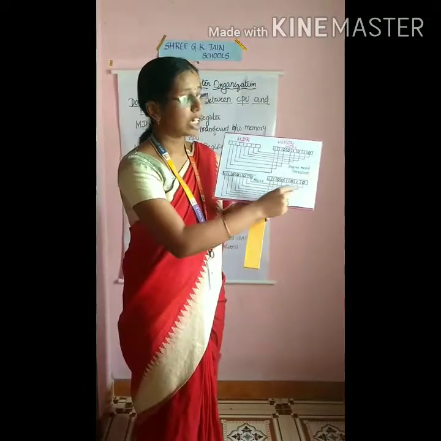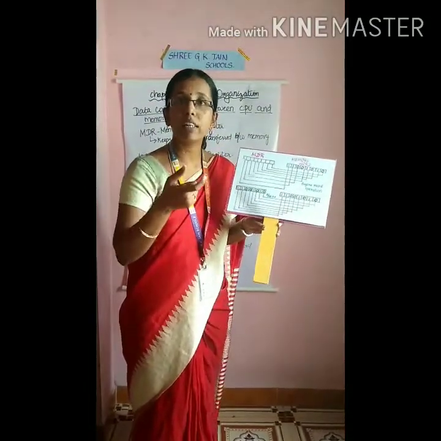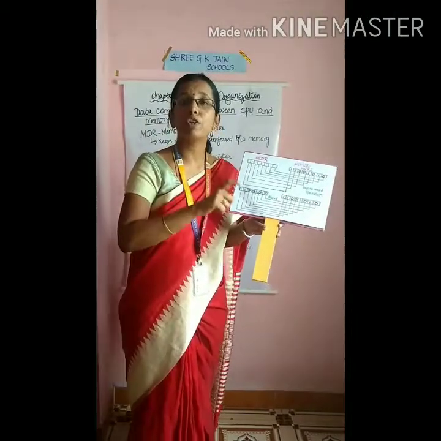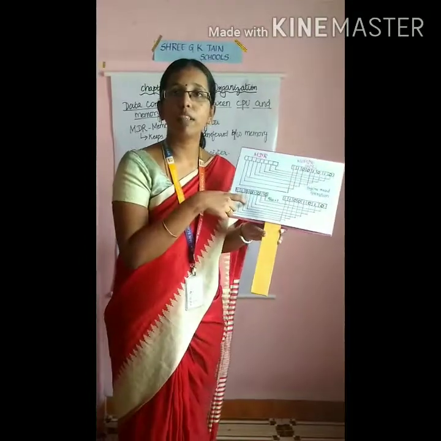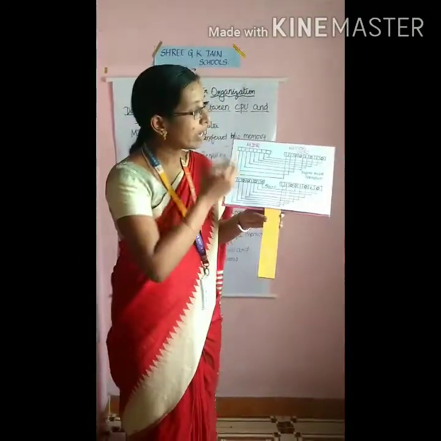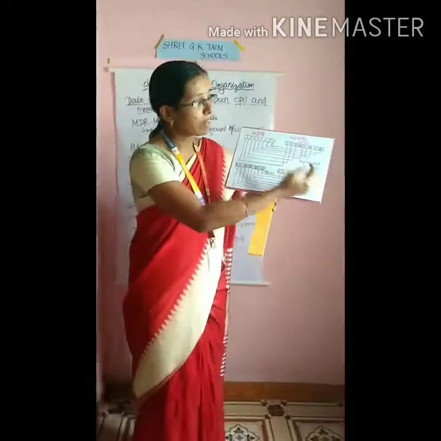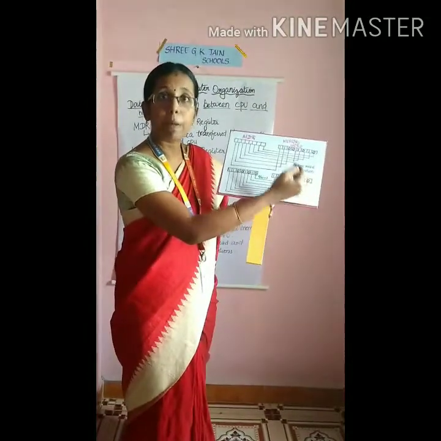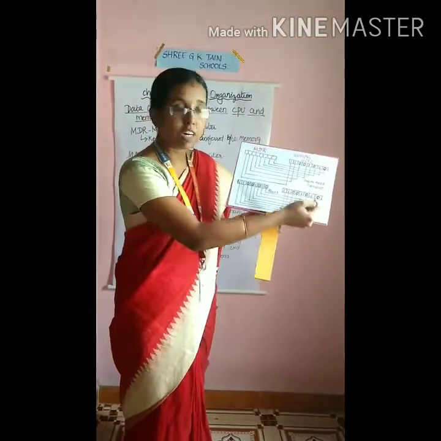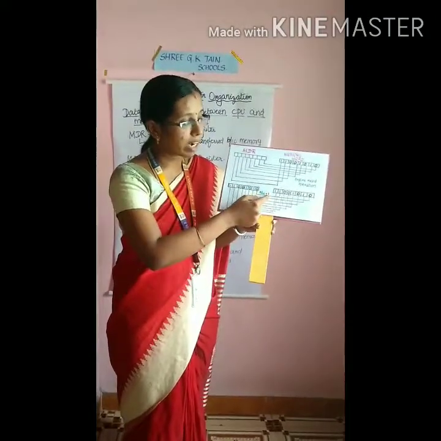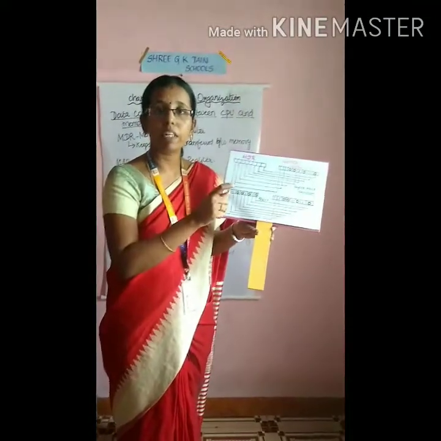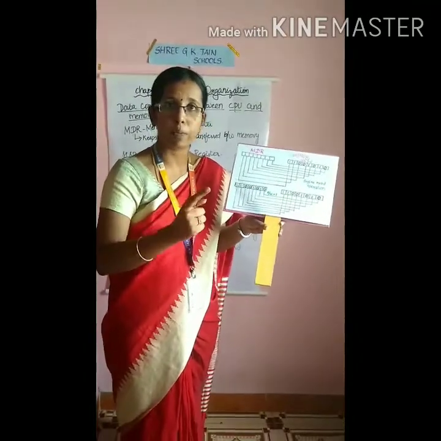If the control line indicates 1, it means it is doing the read operation. If the control line indicates 0, it means the control line is doing the write operation. So read operation is nothing but whatever data is in the memory will be transferred to the MDR. Listen carefully. 1 indicates read operation and 0 indicates write operation.